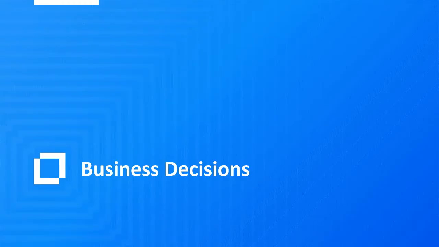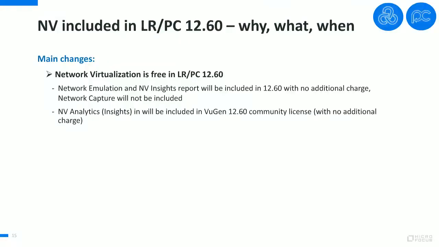Now, last but not least is the business decision that the team made together, in regards to network virtualization. Starting in version 1260 of LoadRunner and Performance Center, network virtualization is now included as part of your instance. Let me explain what that means.